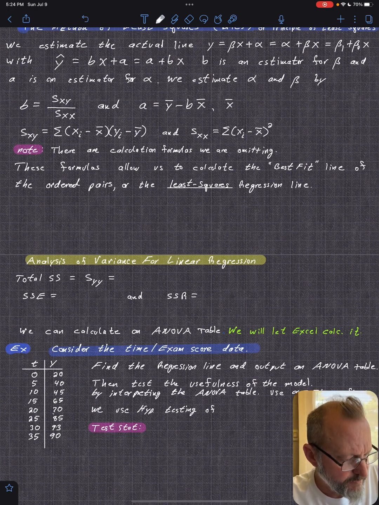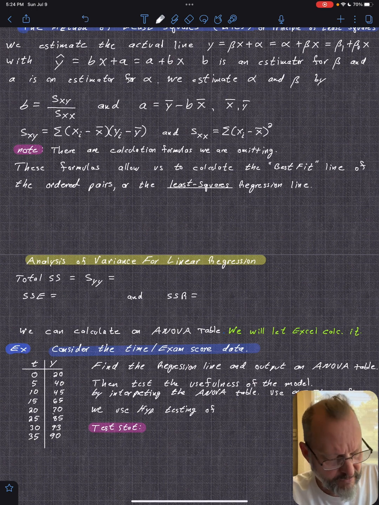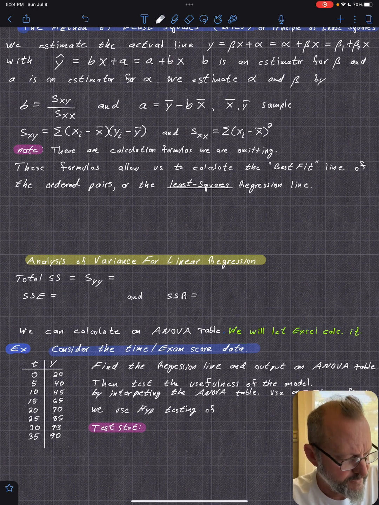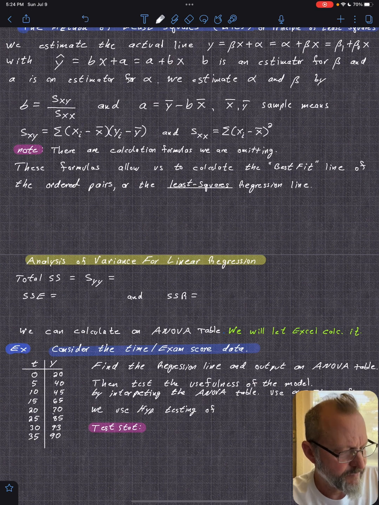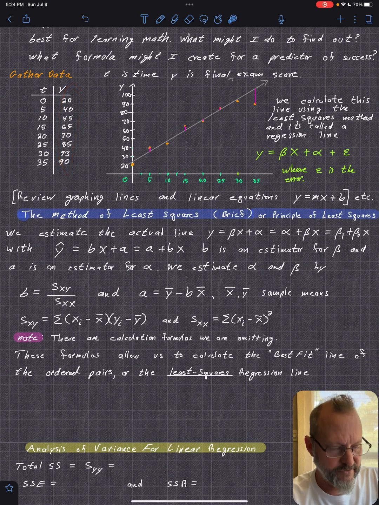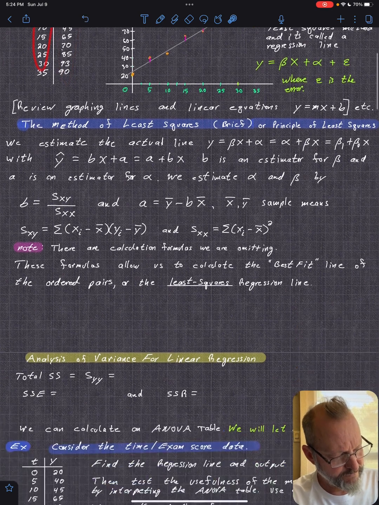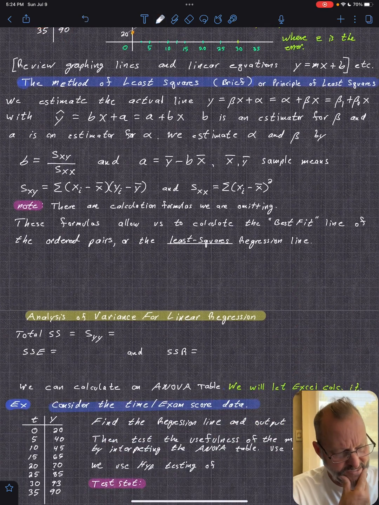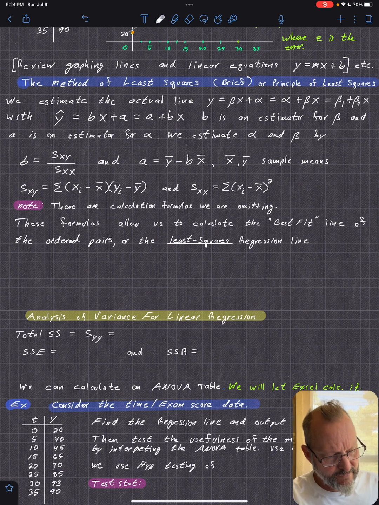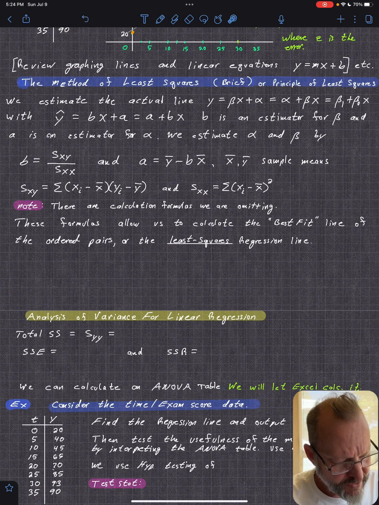Okay, so X bar, Y bar are the sample means. So you go back to these here and you average those, and you average those. And that's how you can calculate. It's actually not too bad of a calculation. You can do all this pretty straightforward.